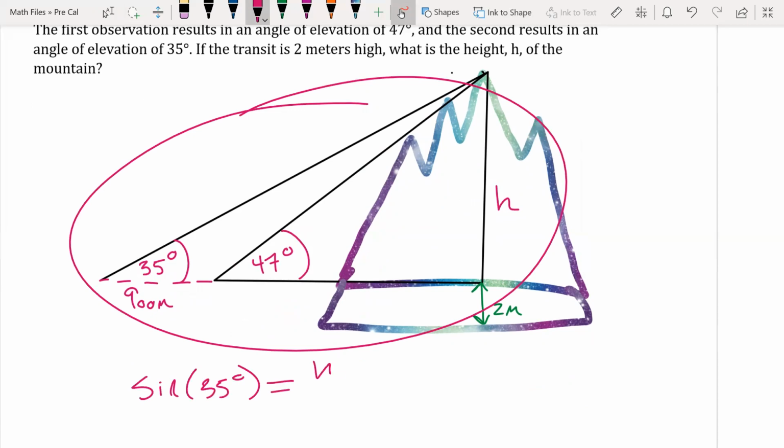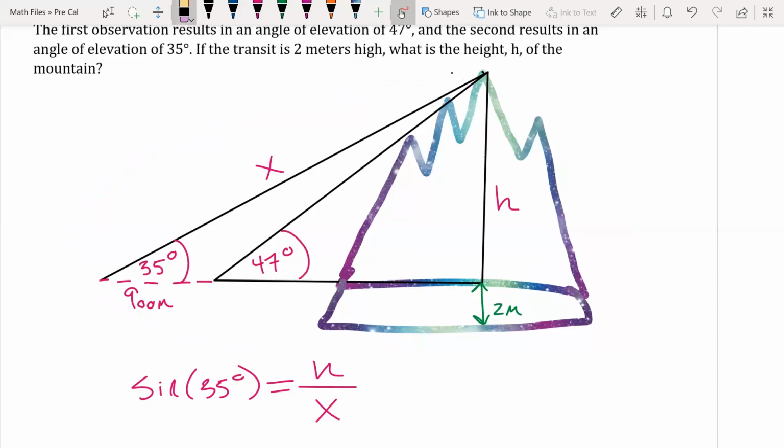So the sine of 35 is going to equal h over the hypotenuse, which we'll label x over x. And if we can find the value of x, this means we can find the height of the mountain.